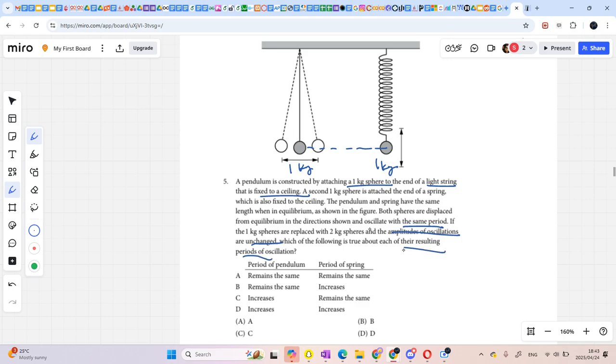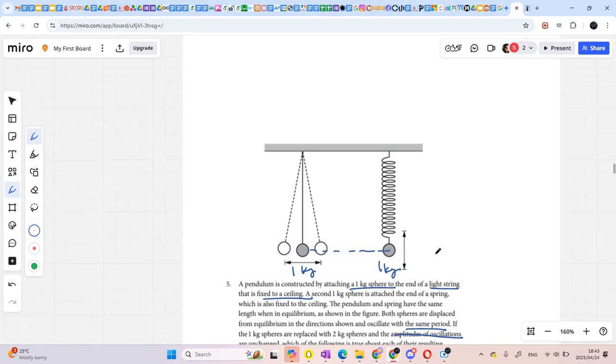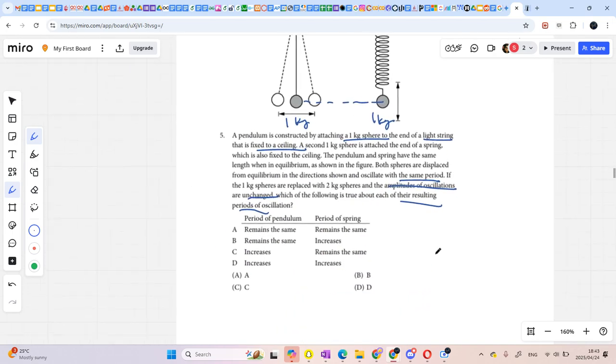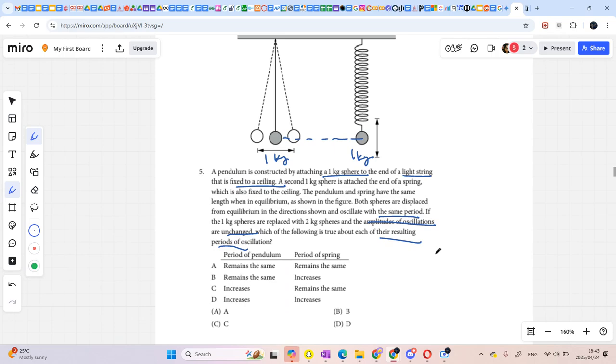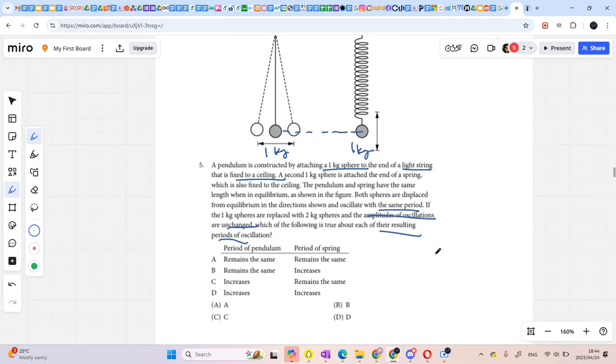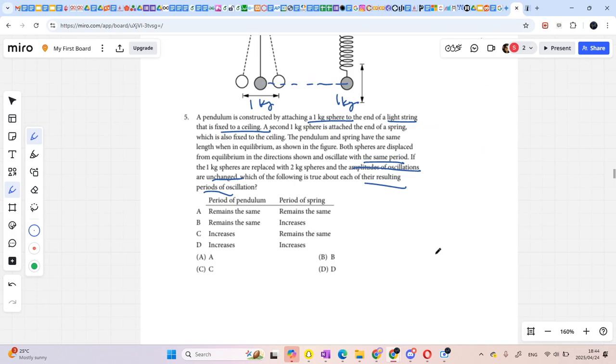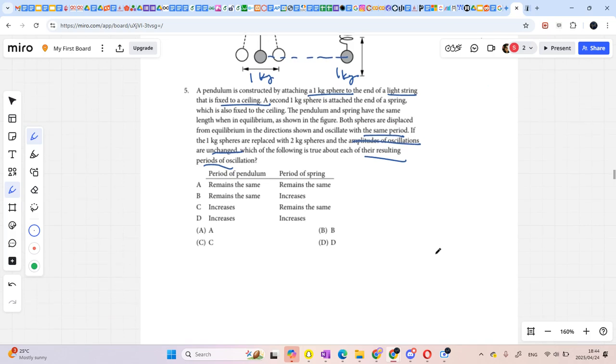So we're being asked about periods of oscillation. All we really need to do is take a look at the two equations for the periods of simple harmonic oscillators. We don't need to know any differential equations. We just need to look at the equations on the formula sheet. For a pendulum, the period of oscillation is 2 pi root L over g, where L is the length of the pendulum and g is the constant of gravity.